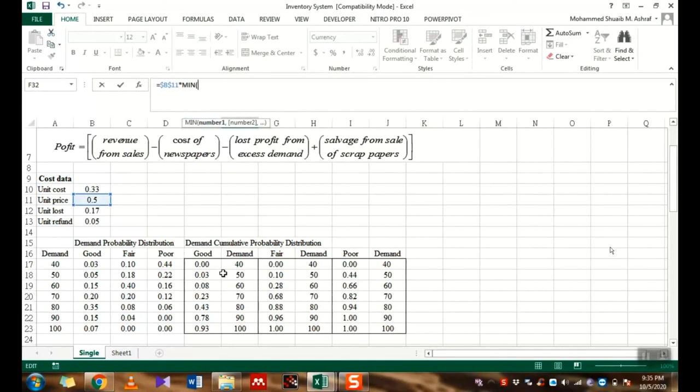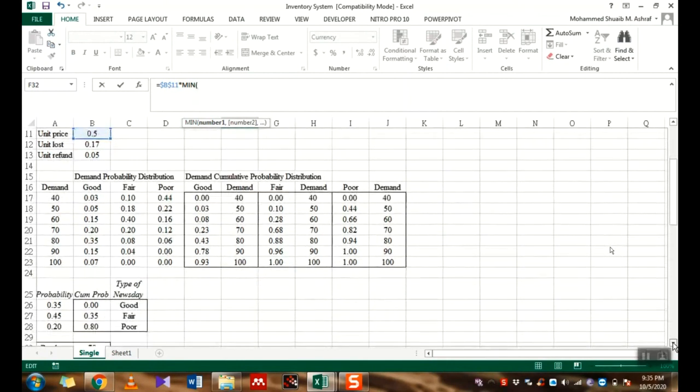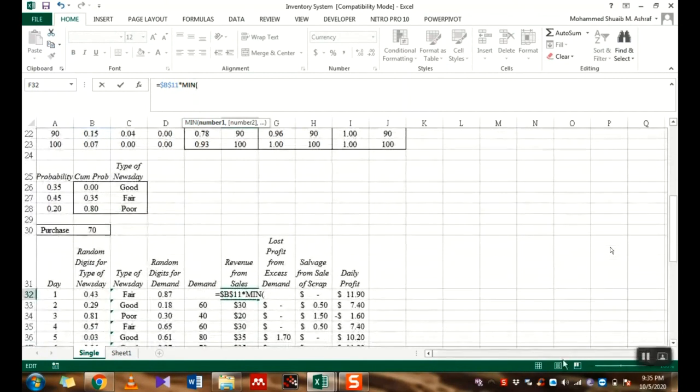We will pass two values: this daily newspaper and this demand. What is the sell value of this? E32.